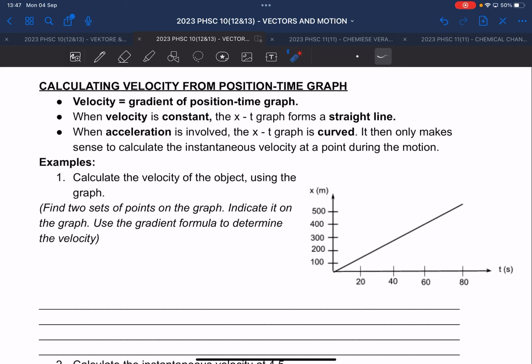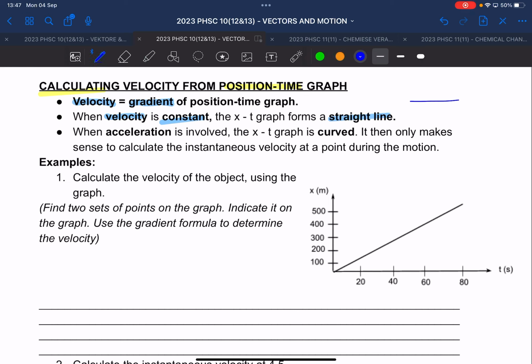Okay, right. So now we're going to look at calculations when we have a position time graph. Now we just said that the velocity is determined by the gradient. If the velocity is constant, then it will form a straight line. Now a straight line does not mean horizontal.